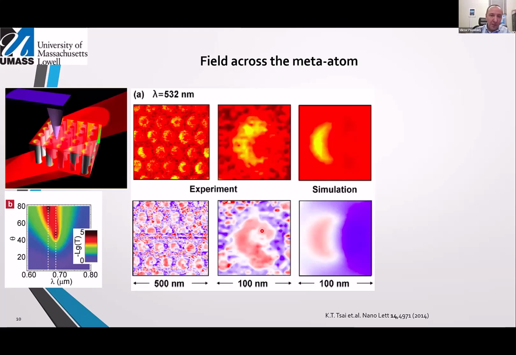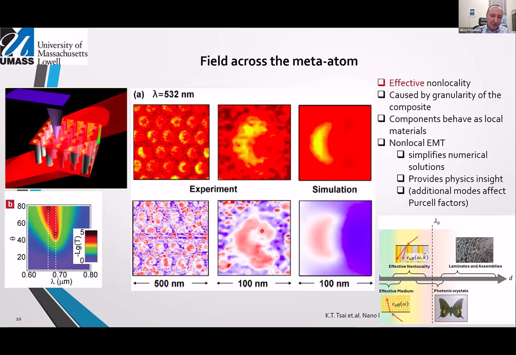So it's all nice and well. And if you talk to metamaterial community researchers, this is what you would hear when they talk about non-locality. This is what we call now effective non-locality, because it is driven not by the non-local response of underlying components, but by material nanostructure or microstructure.